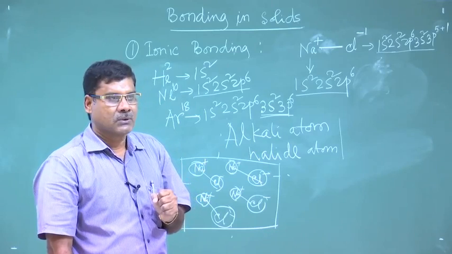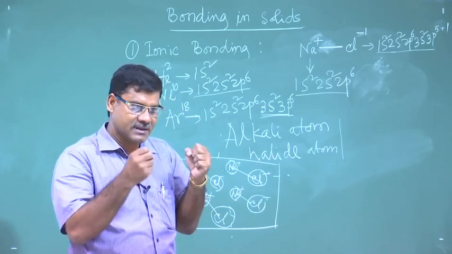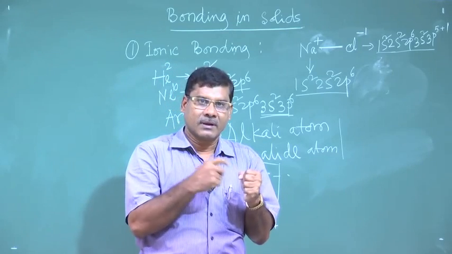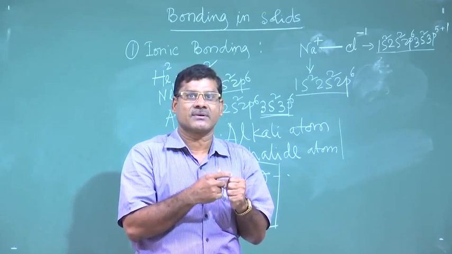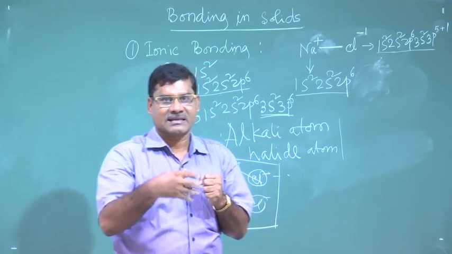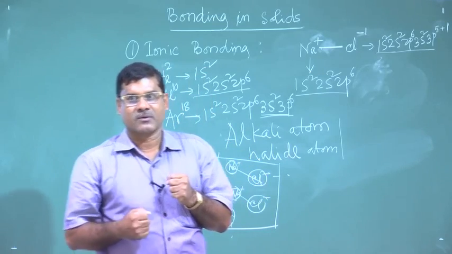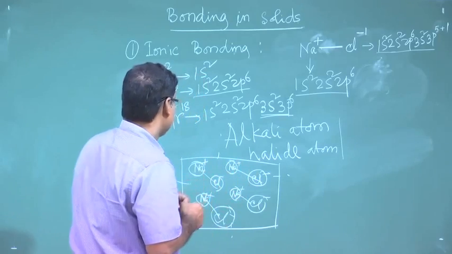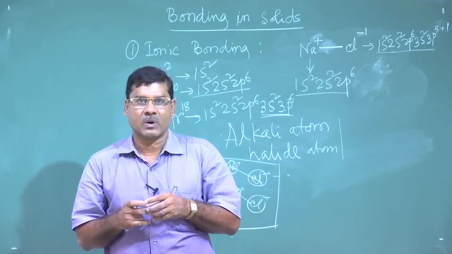So, for ionic bonding in an ionic crystal, you need these two different types of atoms. One will leave electrons as many as it will leave, so we need the acceptor. There should be another type of atom which can accept them. Only then will they form a crystal due to this ionic bonding.